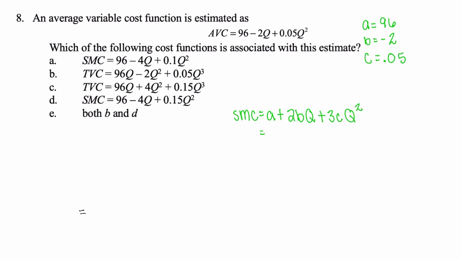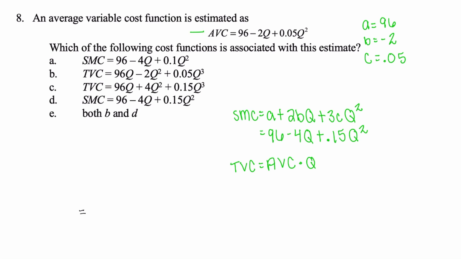And if we substitute in those numbers, we're going to get 96 minus 4Q plus 0.15Q squared. And then our total variable cost is average variable cost times Q.